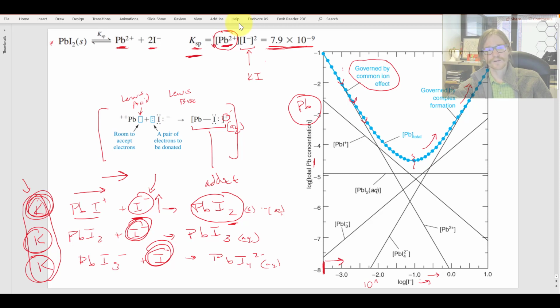And in fact, we'll talk about in Chapter 8, this is a pretty simple system, and many metal ions may behave in this way, not with just one ion, but with all ions.